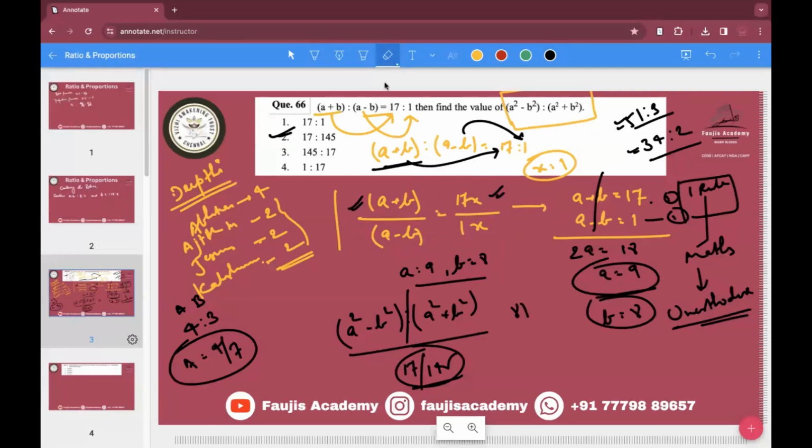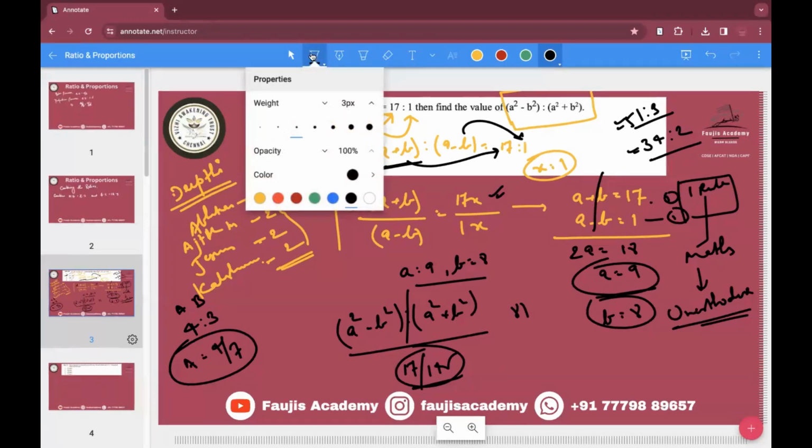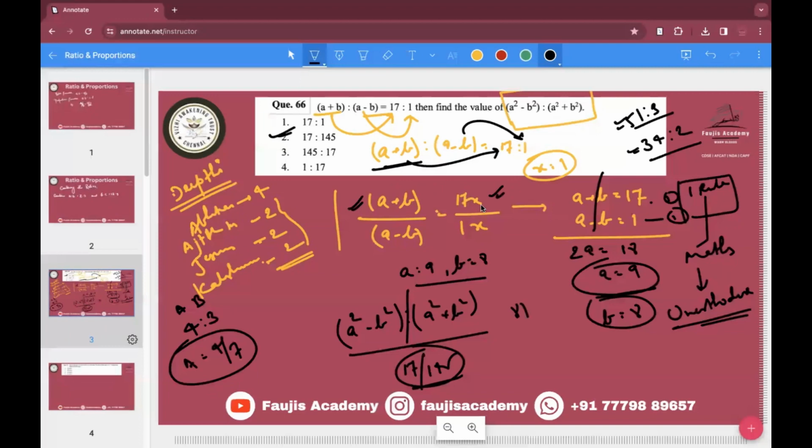So I have a doubt, sir. Yes, please. A is equal to 9 is clear, sir. But how did you come up with B is equal to 8? Can you explain it once, sir? Yes, for sure. Not once, I can do it twice. So A is equal to 9, everyone understood. Let's take one of the equations, A plus B is equal to 17.